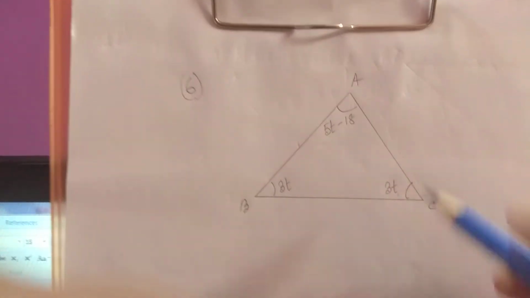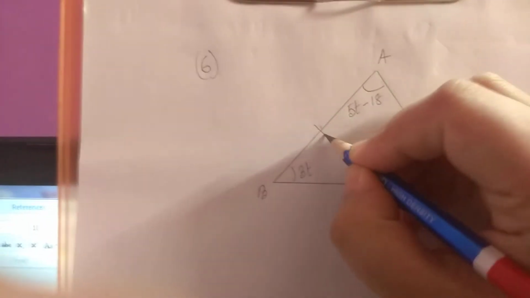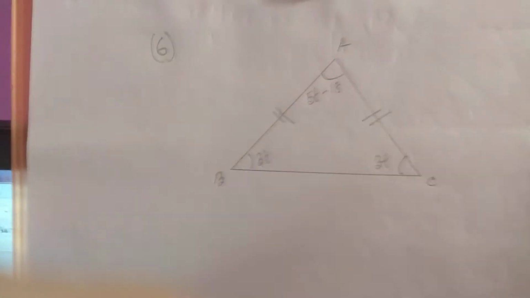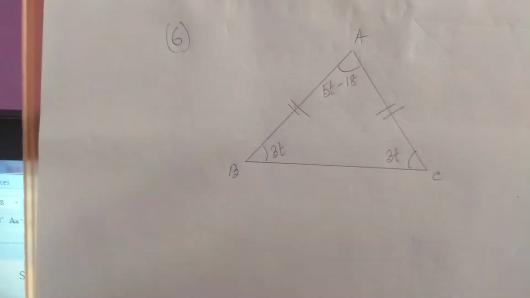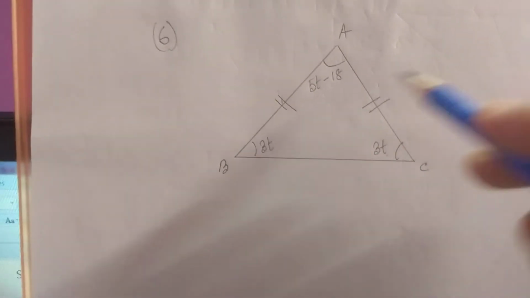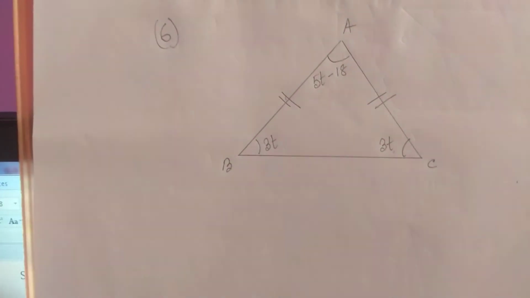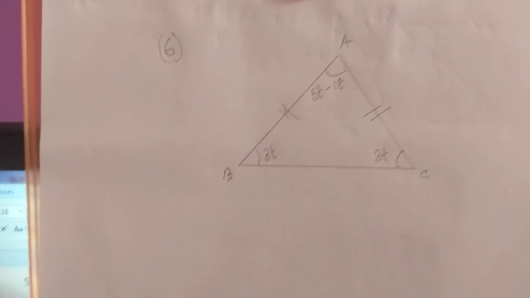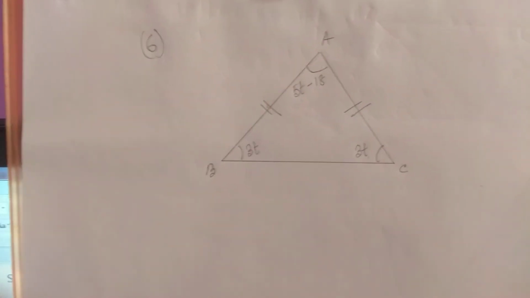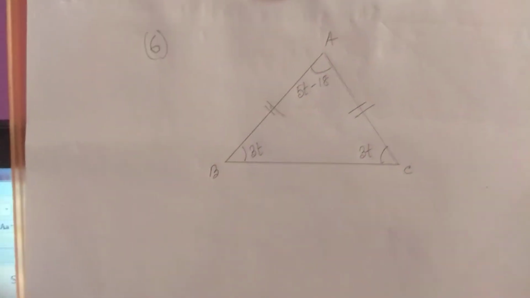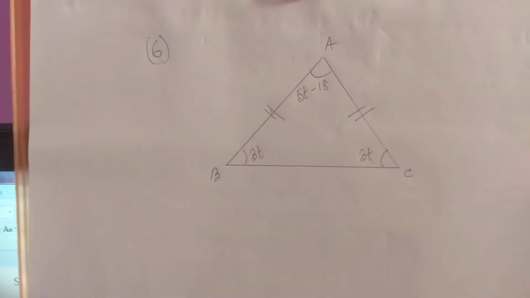Since this is an isosceles triangle, let me consider this side and this side equal. So these two base angles should be equal. So this will be the figure, and by using angle sum property over it, we can find the value of t. We will write 5t minus 18 plus 3t plus 3t equals 180 degrees, angle sum property.